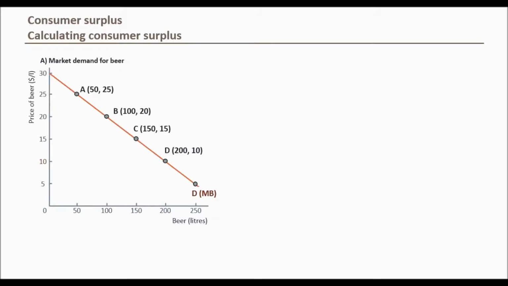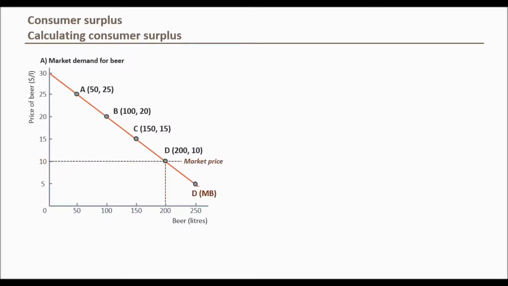Let's use an example to illustrate how we can use the demand curve to analyze consumer benefit. Let's assume the current market price is $10 per liter. The demand curve shows us that the demand for beer will be 200 liters. But what about the consumers that were willing to buy beer at a higher market price?